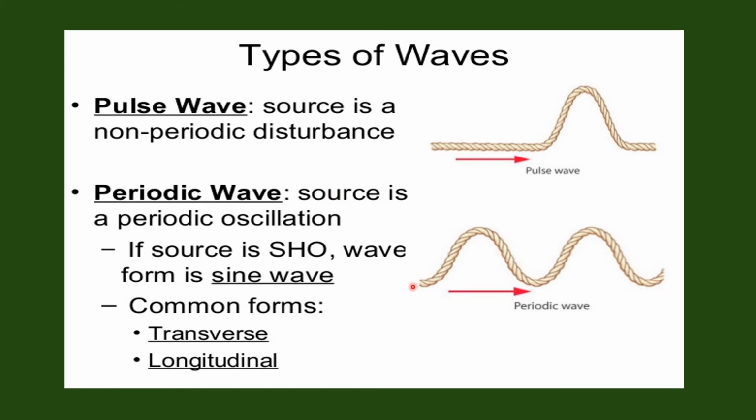A periodic wave has that more familiar shape that you're used to, that wave shape. It's actually something that we call sinusoidal mathematically, but that level of mathematics we're not going to introduce here, at least not at this point. So that's one way that you can represent waves, by the nature of the source. Was it a single pulse or an occasional pulse, or is it something that's an ongoing, regular, periodic disturbance?